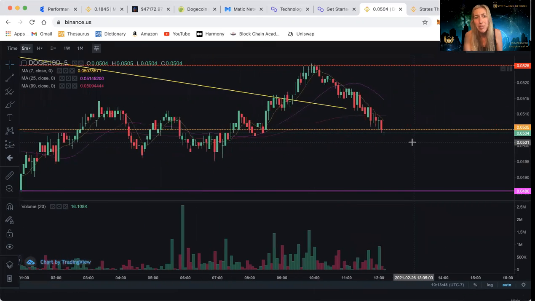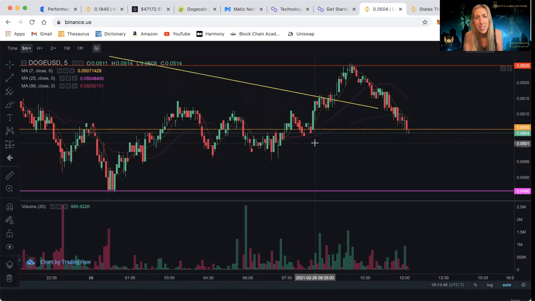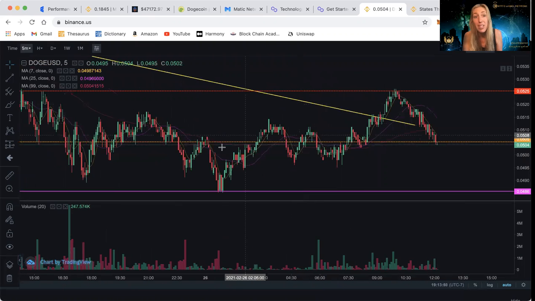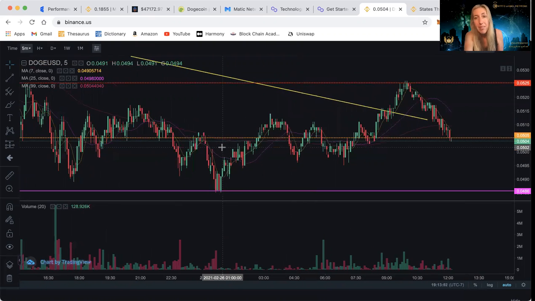Right now, this doesn't make sense. This line I have, that's from where it was. This line going all the way up, this was from where I had bought at the top. But there's a potential again, because look, you see it's breaking down. Doge is breaking down here.